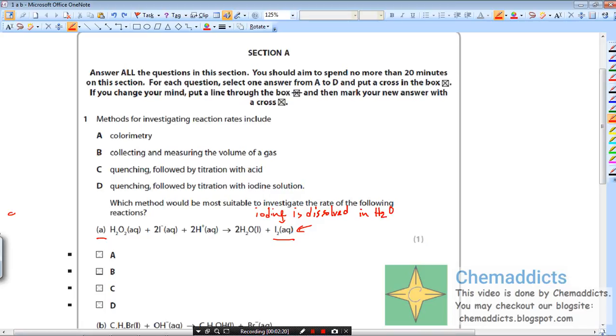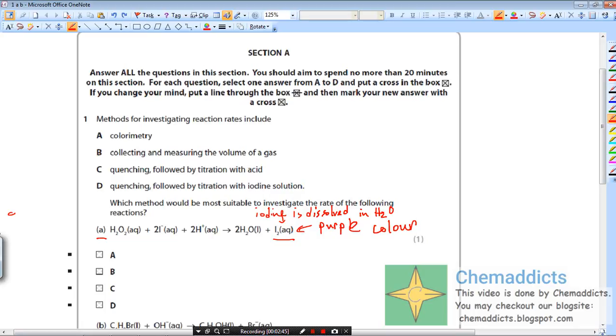Aqueous simply means that something is dissolved in water. So here iodine dissolved in water would show color. The solution would have a purple color since aqueous iodine is present over here.